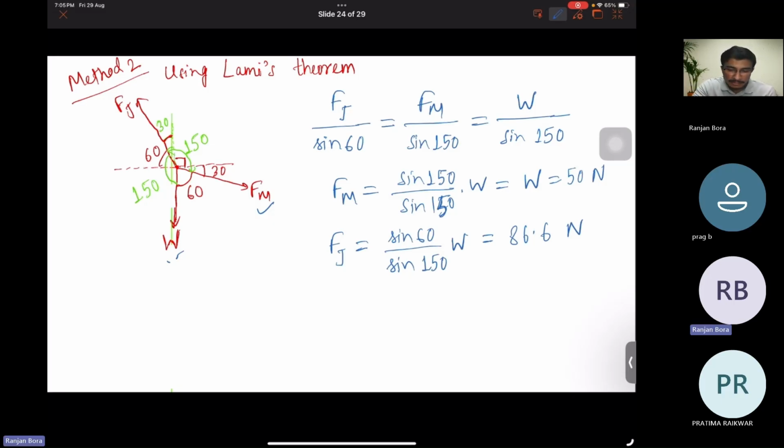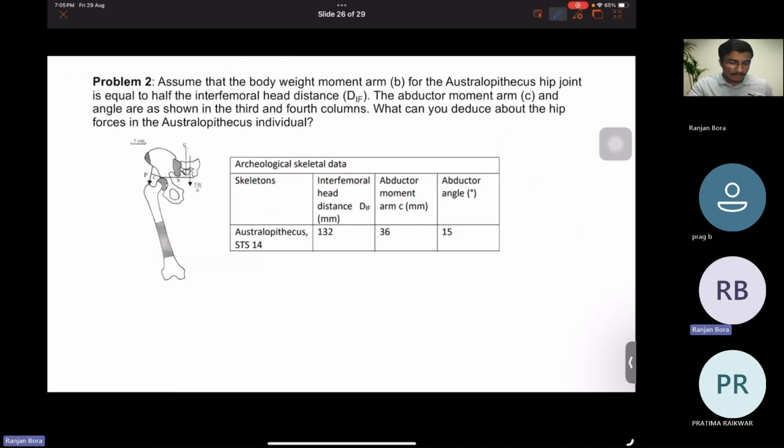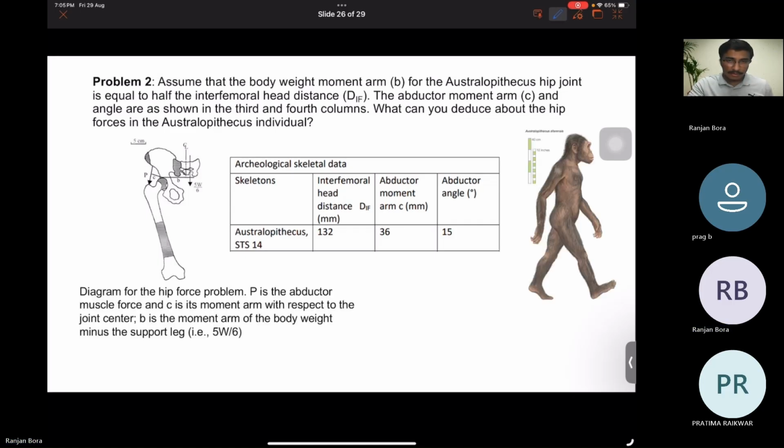Okay, is it clear? Have you understood the problem? Okay. So there is one more method, which is the force vector method, which I will show in the next example. There is one more example in this. So if you have any doubt, you can ask.